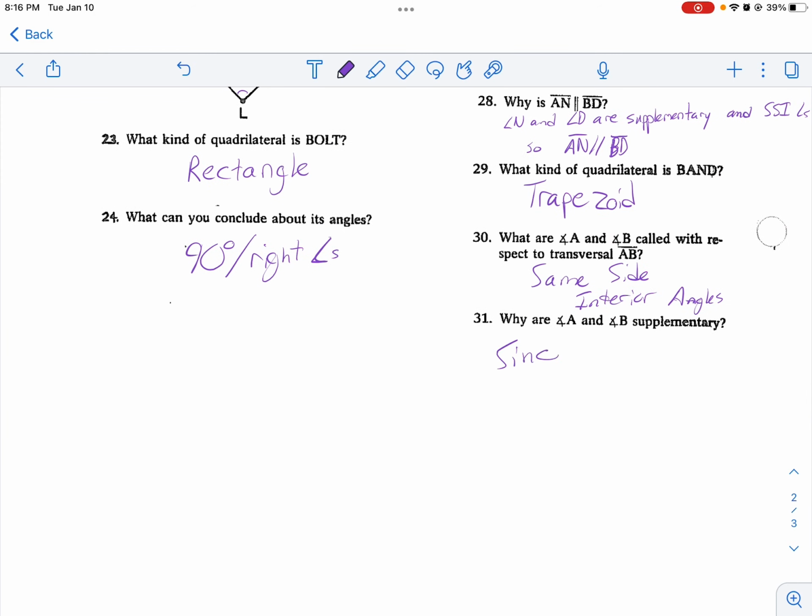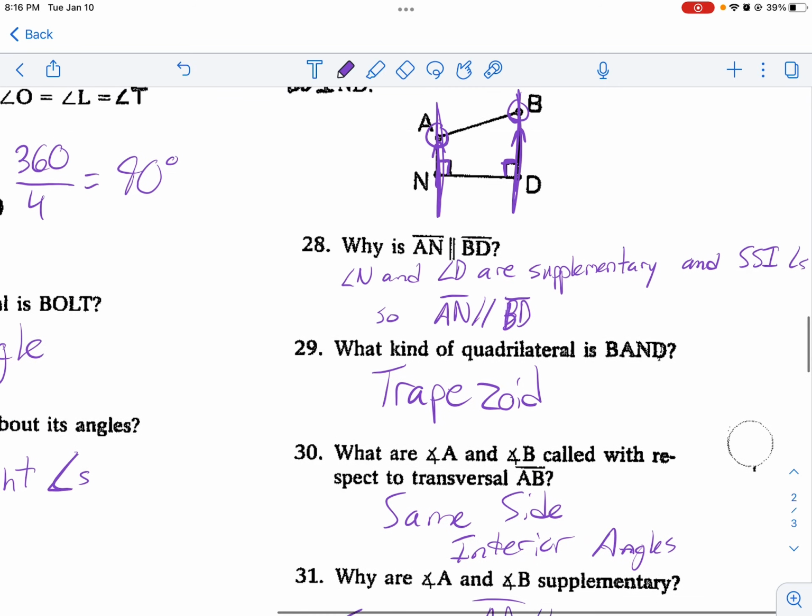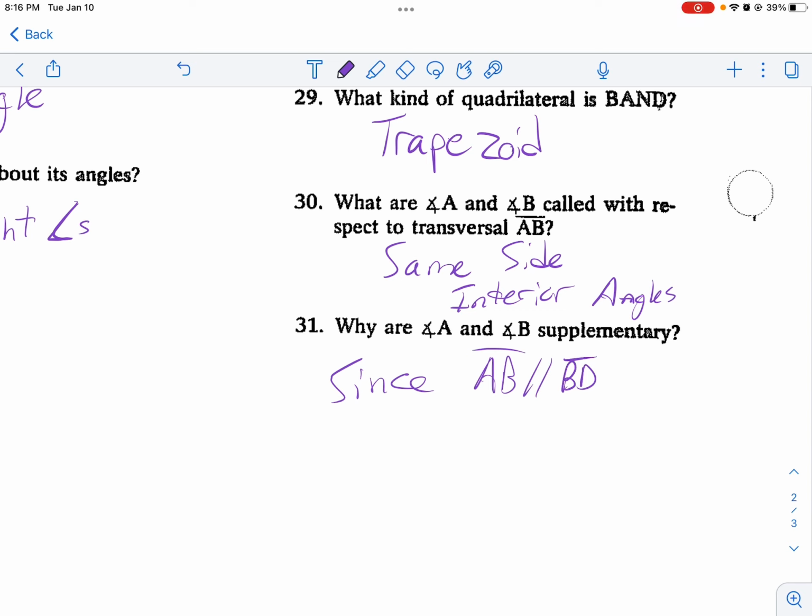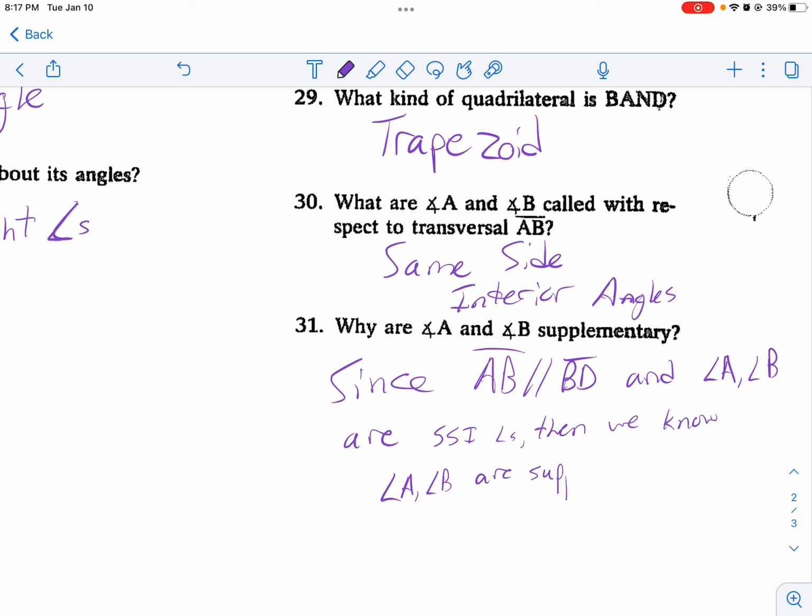So we can say since AB is parallel to BD, and angle A and angle B are same side interior angles, then we know angle A and angle B are supplementary as well. Yep, supplementary.